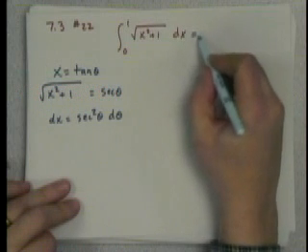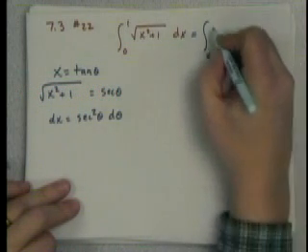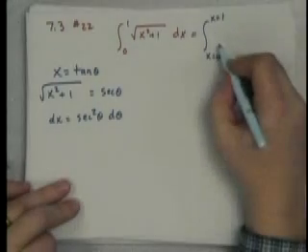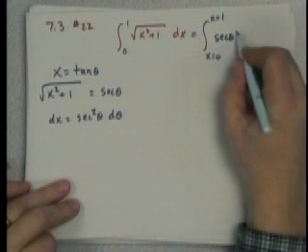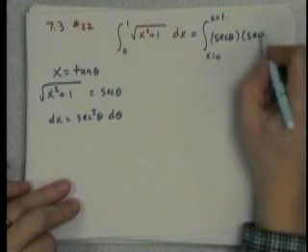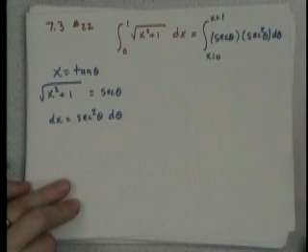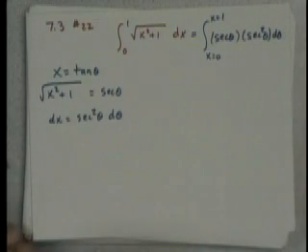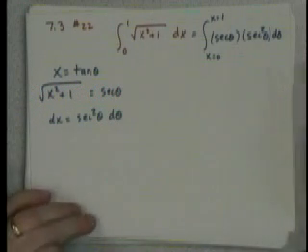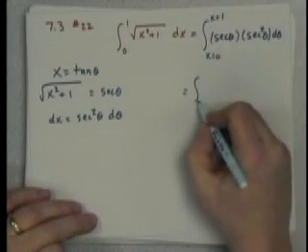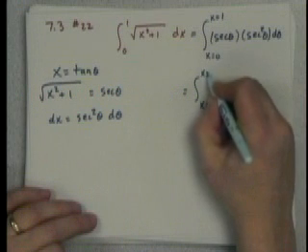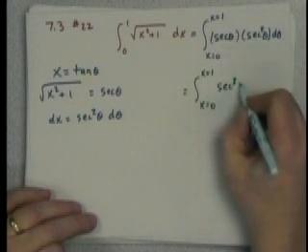So this becomes the integral from x equals 0 to x equals 1 of secant theta times secant squared theta d theta, which is the integral of secant cubed theta d theta.